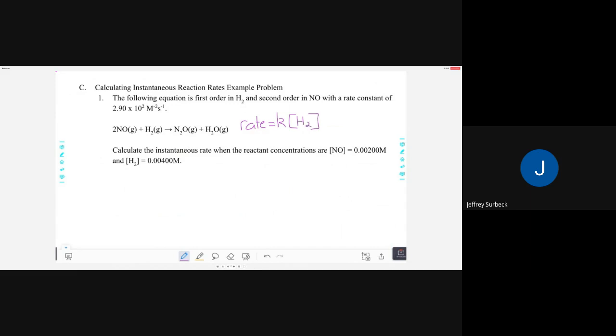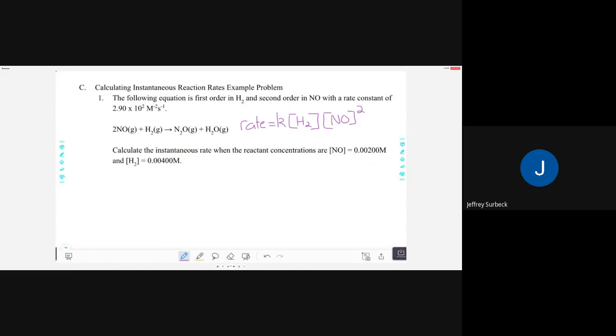It is first order, so we would raise it to what power? 1. Do we write the 1? No, so we leave it here. The next substance is NO, so we put nitrogen monoxide in brackets. It is second order, so we raise it to the second power. So we have the rate law.